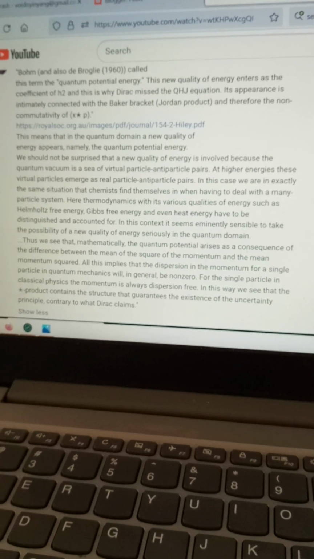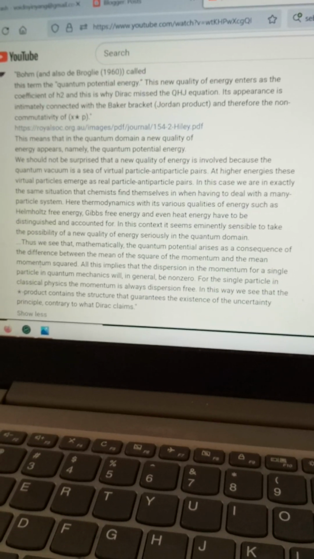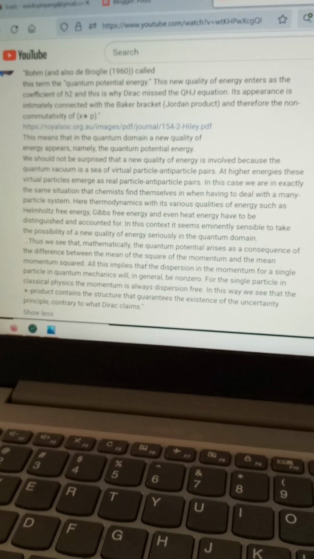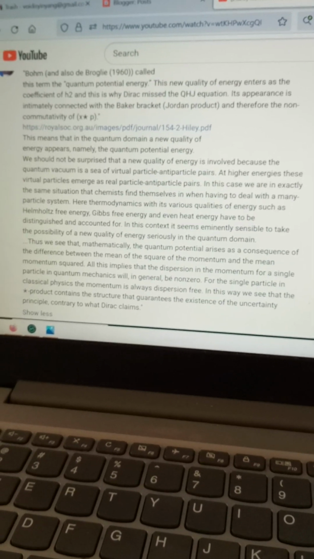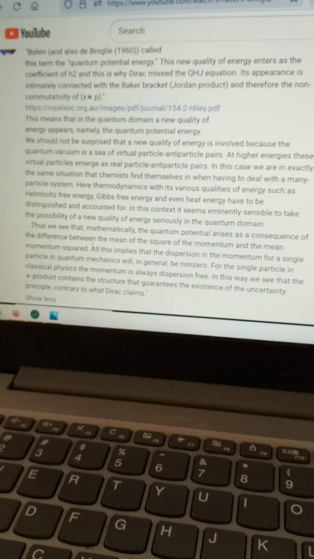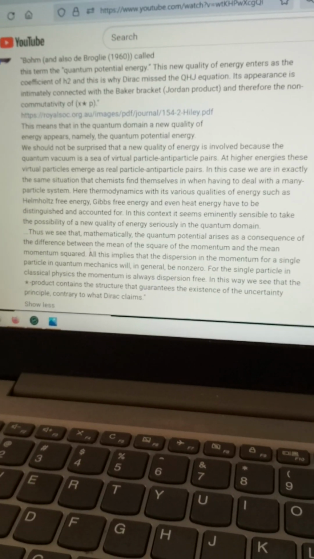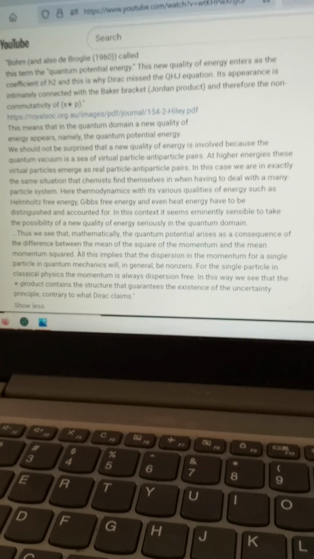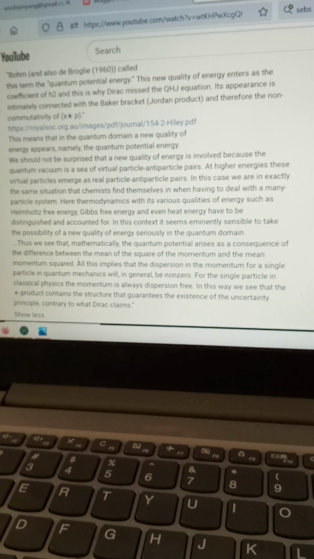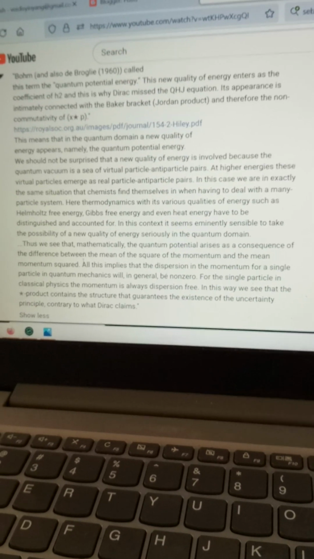So you have the frequency is the octave that's squared as the geometric mean squared. So in other words, we've literally directly re-encountered the same origin of the non-commutativity, but in quantum physics, it's hidden with the same problem as the difference between the mean of the square and the mean momentum squared.